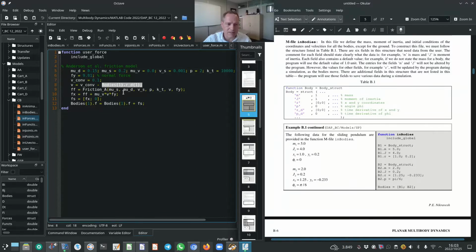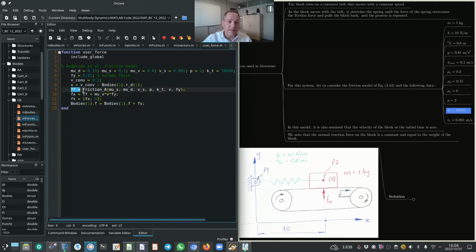formulation over here. So the next line of code calculates now the friction force, and it does so by calling a function named friction underscore A, and it passes the parameters mu s, mu d, vs, p, kt, v, that we've just calculated, and fy that we've calculated earlier.